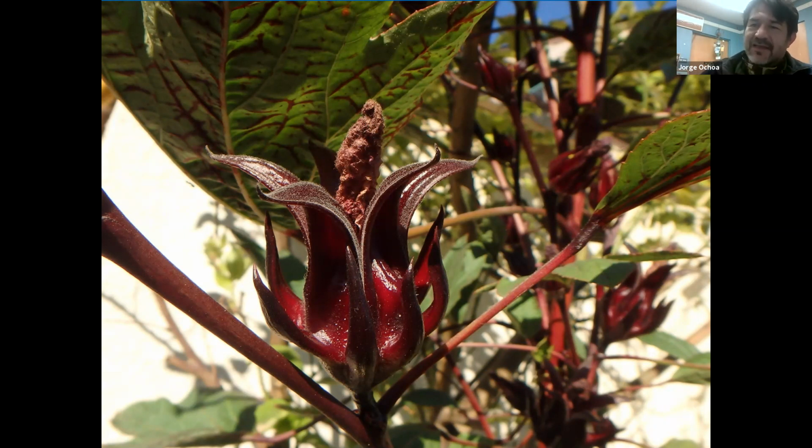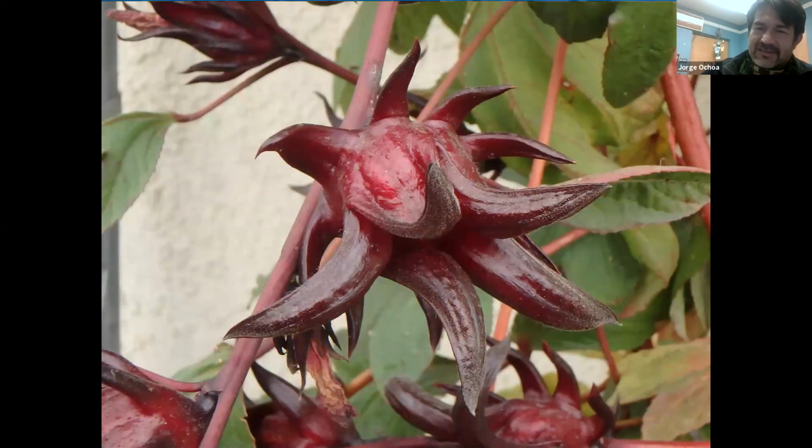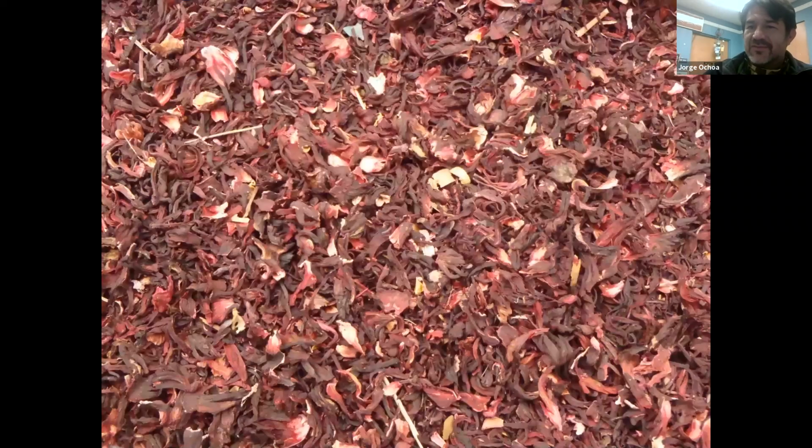So by themselves, they are kind of citrusy, and you can eat them when they're raw or fresh like this. So it is the bracts that eventually go through a process of drying out, where then they are processed into the drink for all of the different fruit punches out there, or the more common Mexican drink known as Jamaica.